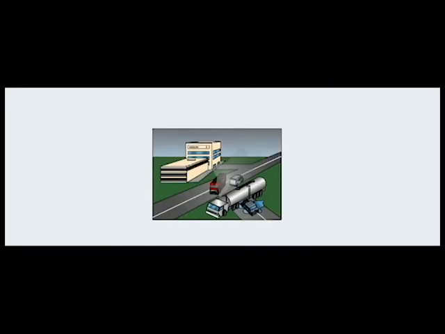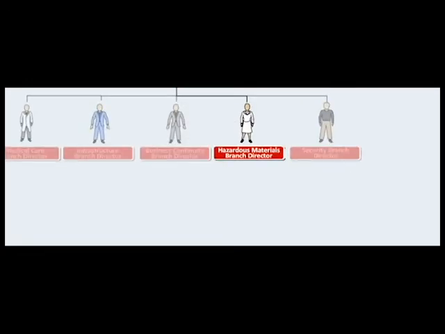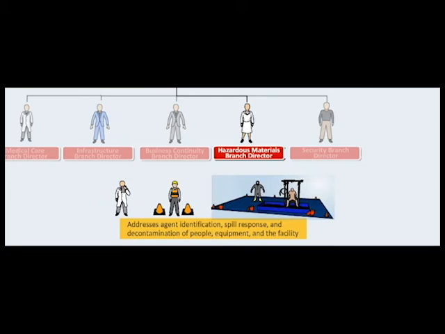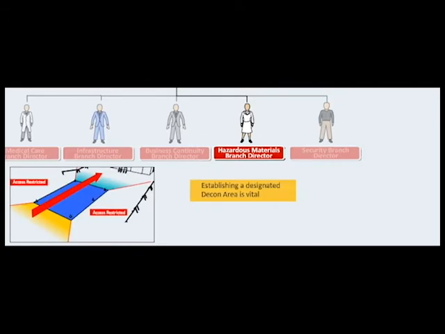In situations involving a hazardous material release, the incident commander may choose to activate the hazardous materials branch under the operations section. The hazardous materials branch director will have the personnel and equipment to address agent identification, spill response, and decontamination of people, equipment, and the facility. Having a designated decon area that can be quickly established and is suitable in size and flow to accommodate patient processing needs is vital.